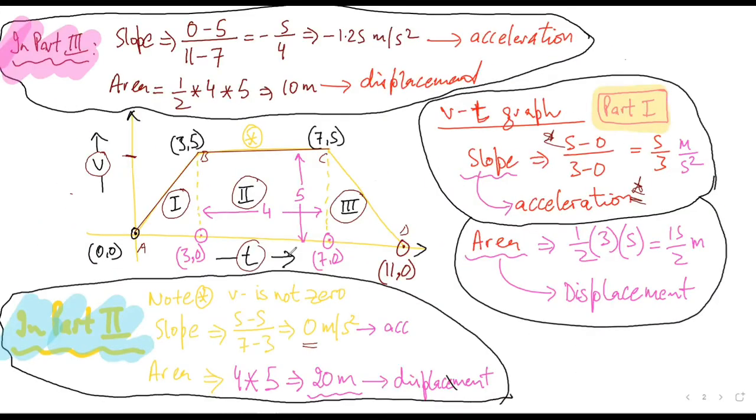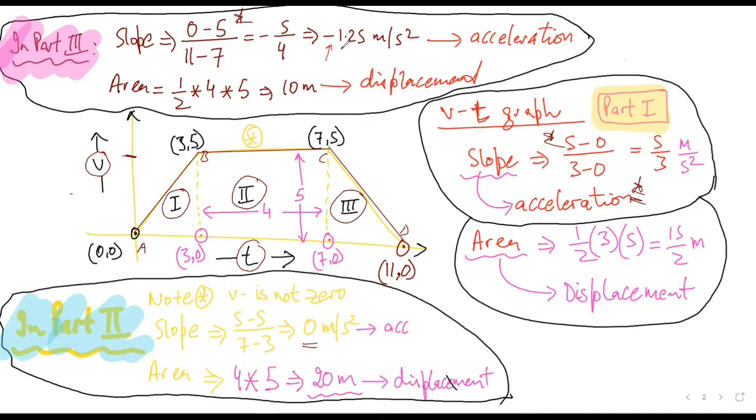Now if you focus on CD, if I have to find the slope of this line CD, again I'll do y2 minus y1 upon x2 minus x1, and that is what is being done here. And if you see, the slope is negative, which means negative acceleration, which is called retardation.